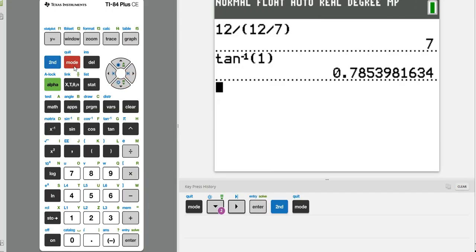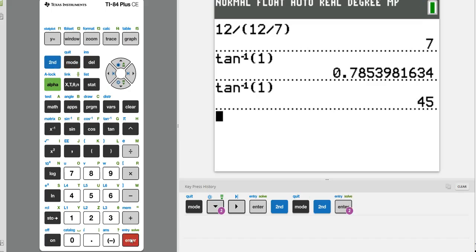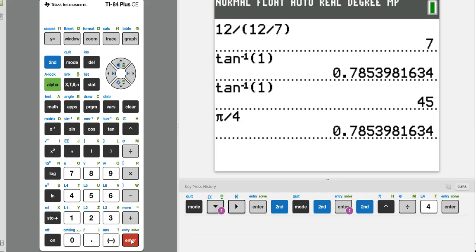If I put it in degree mode, oh yeah. But that's not the answer that you put on your sheet. What is 45 degrees in terms of radians? Is that pi over 4? Yeah, this is pi over 4. You can go back and check it. You can do pi divided by 4 and go, oh yeah, now I remember.